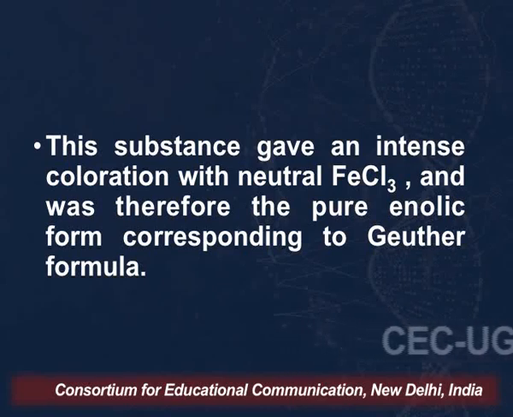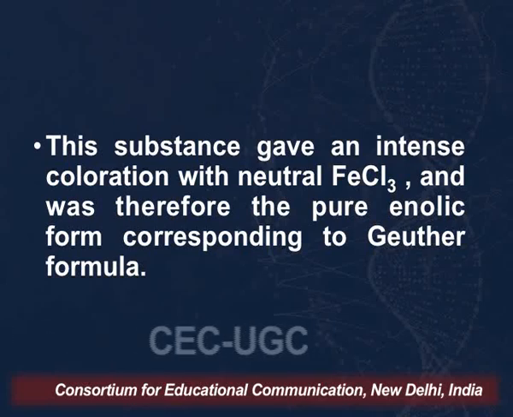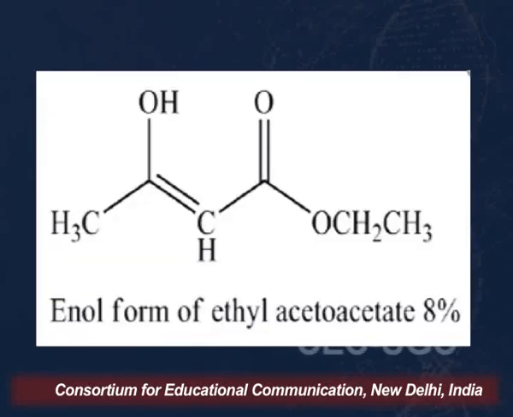Therefore, it was the pure enolic form corresponding to the Geuther formula, which you can again see on your screens. That is, we have shown you the enolic form in which the OH is attached to a double bond.